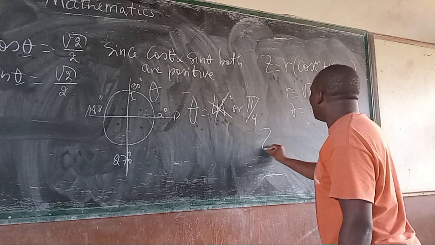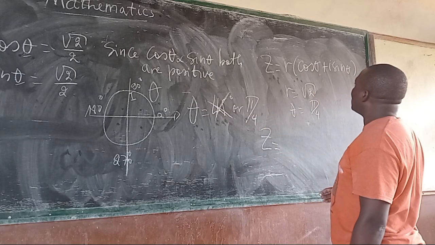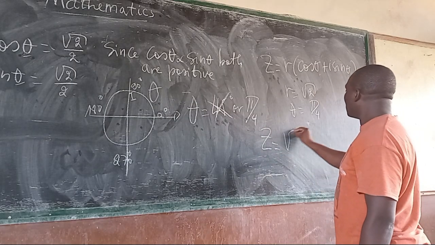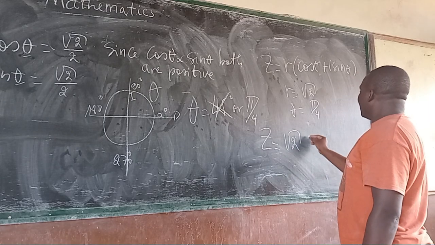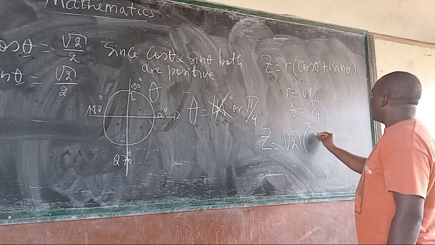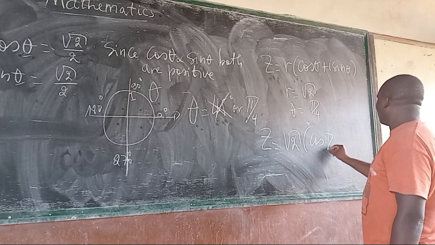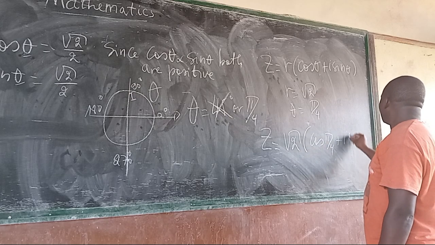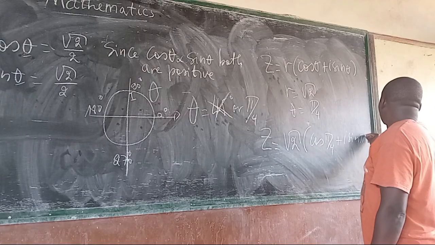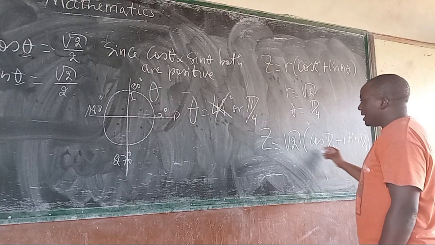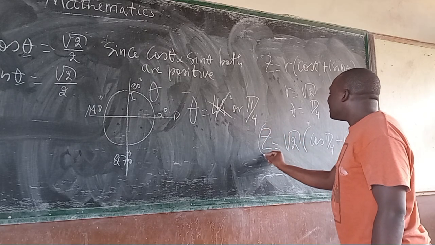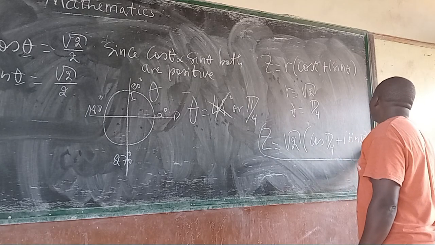Then our given complex number z equals square root of 2 in factor of cosine of pi out of 4, plus i sine of pi out of 4. Here, teachers, the task is ended.